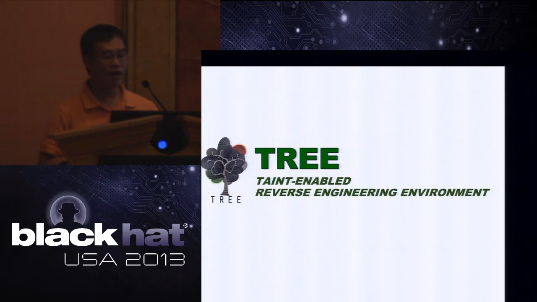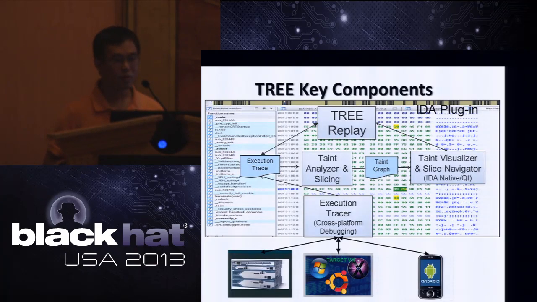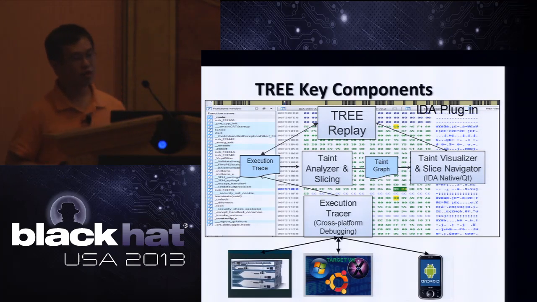So next we're going to use a tree to explain how we supported that from IDA. As I mentioned, it is an IDA plugin. It has 3 main components. The execution tracer is responsible for getting a trace from different targets.